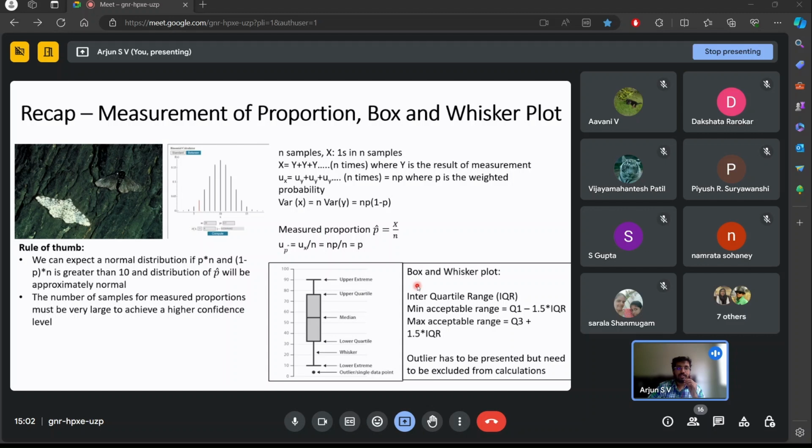In the lectures of week 6 as well as week 7, the course instructor Dr. Soumitra Banerjee explained the need for measurement of proportion, and generally what it is used for. Measurement of proportion is a proportionate metric which is commonly used for studying changes in nature or in science.